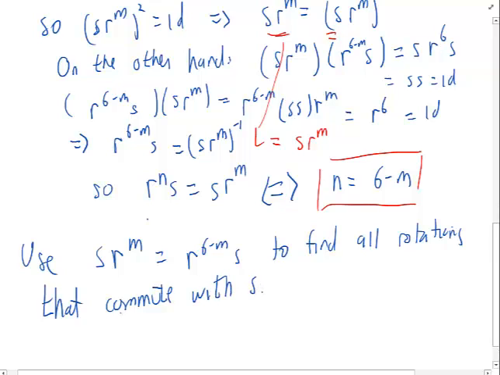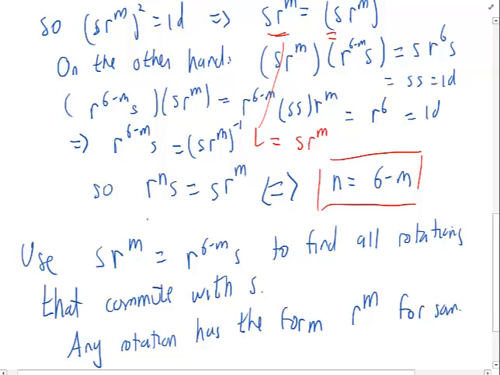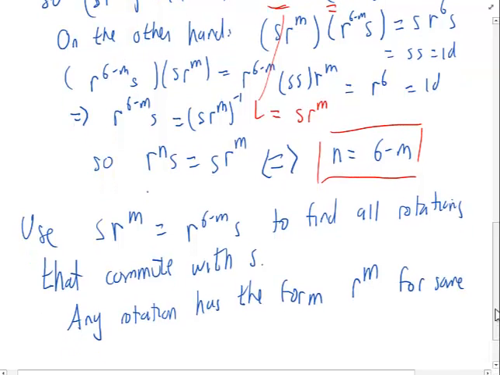Okay, now you think about this. First of all, any rotation has the form r to the m for some m. We have the basic rotation, and we take powers of it, and that will give us any rotation.